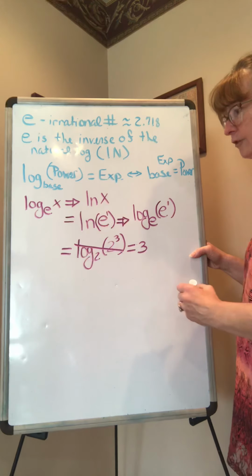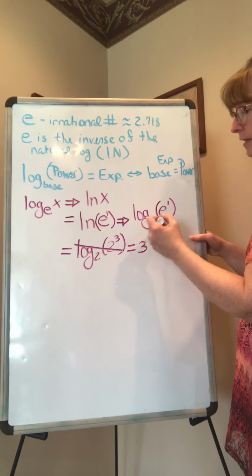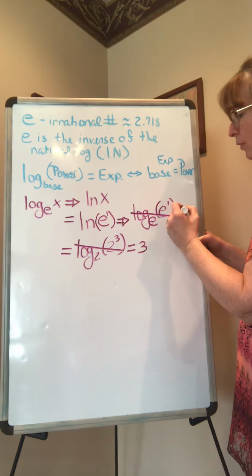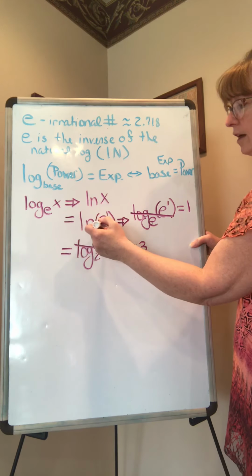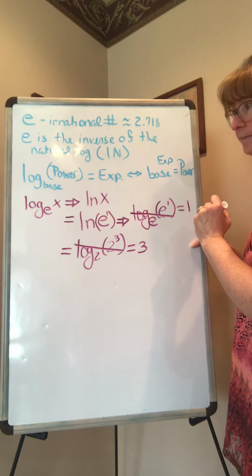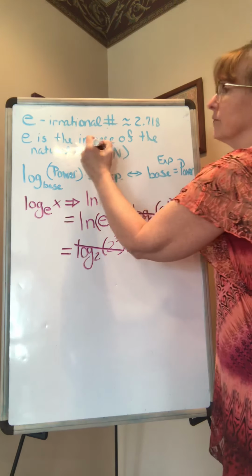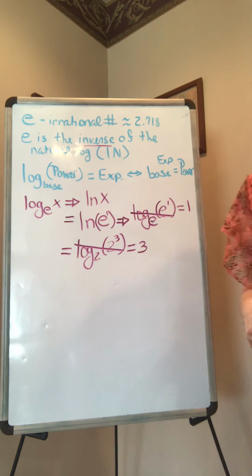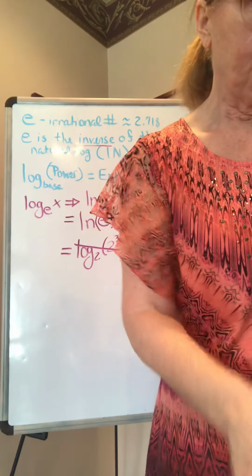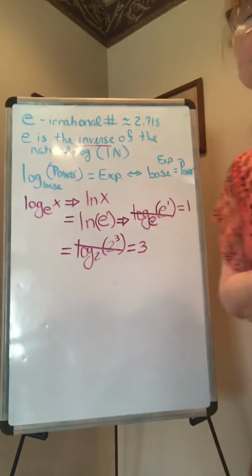We're all about the exponent. Well, look at the base and the base are going to cancel, and we're all about the exponent. So when I take the natural log of e, they're going to cancel. That makes them inverses.